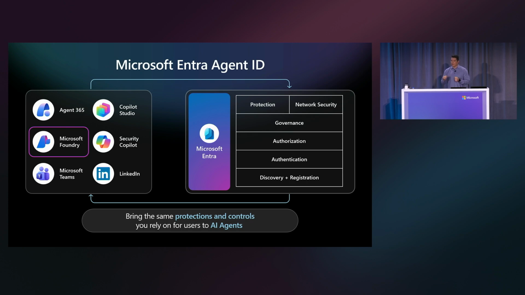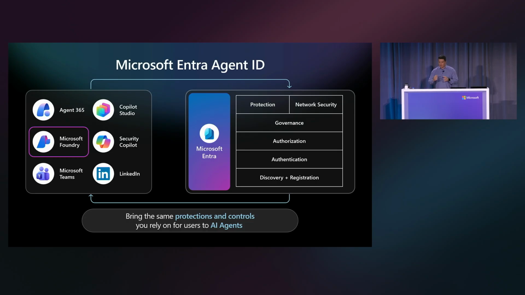So the discoverability, the registry of agents, is actually powered by Entra Agent ID, LinkedIn, Microsoft Teams, and others as well. And on the right side of the slide are the capabilities that we're very familiar with: authentication, authorization with conditional access, ID governance, ID protection, and also network security. But we are adding the layer of discoverability and registration to really manage the agents.